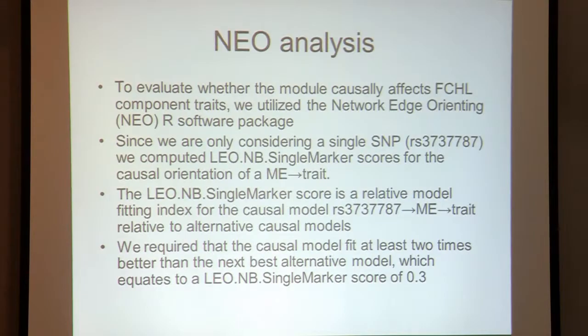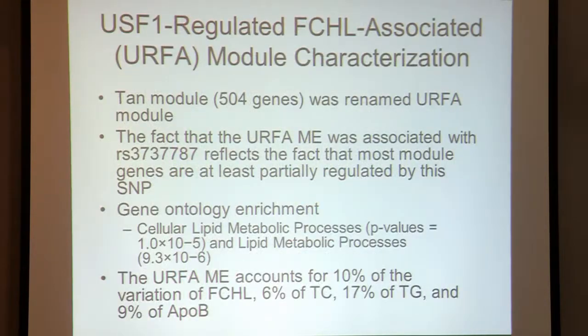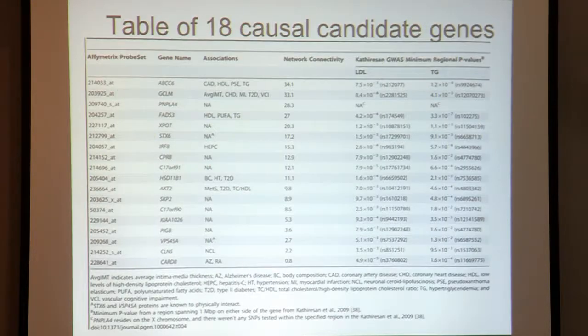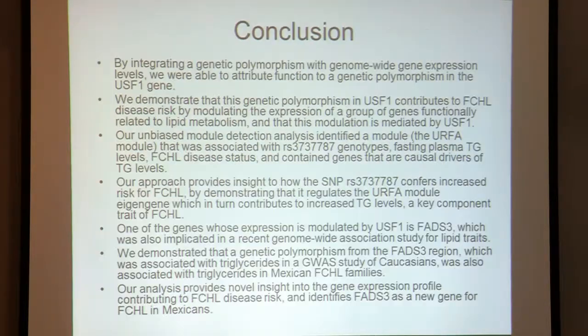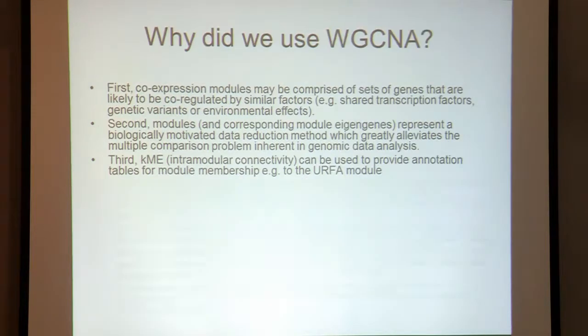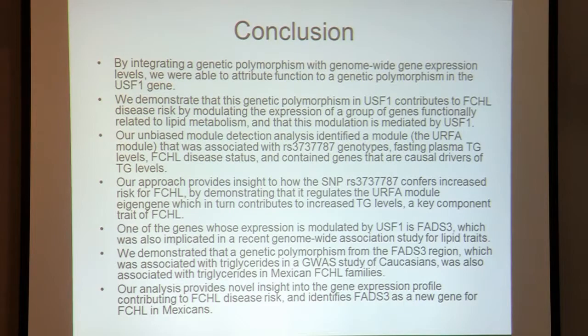I skipped that, but there's one slide where I mention the GO results. They made sense. We found lipid-related themes. It also allowed us to restrict the causal analysis to the genes inside this module.